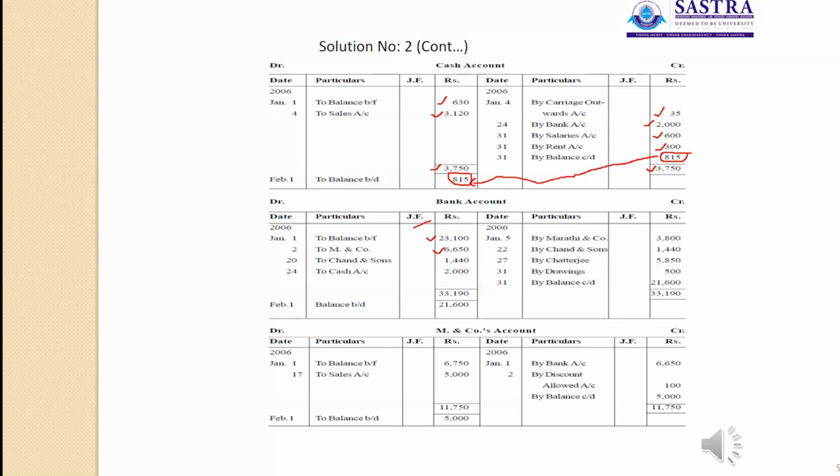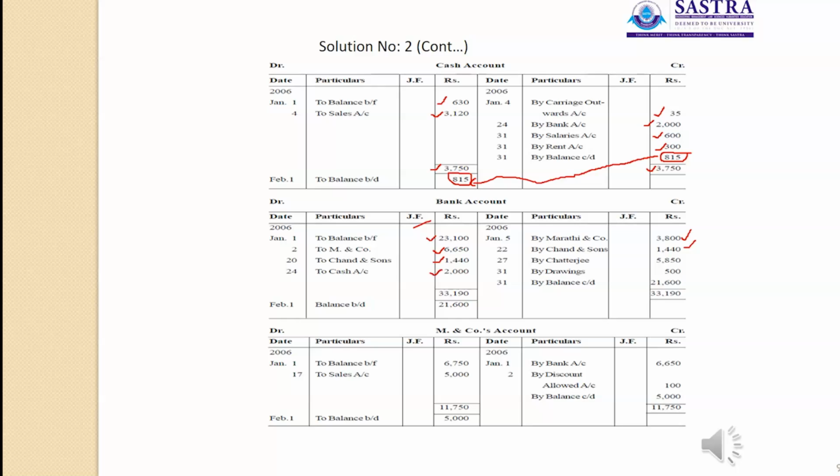Then amount paid to Marathi and company in the month of January 5, 3,800. Then amount paid to Chandan Sons on the 22nd, 1,440. Then Chatterjee account 24th.